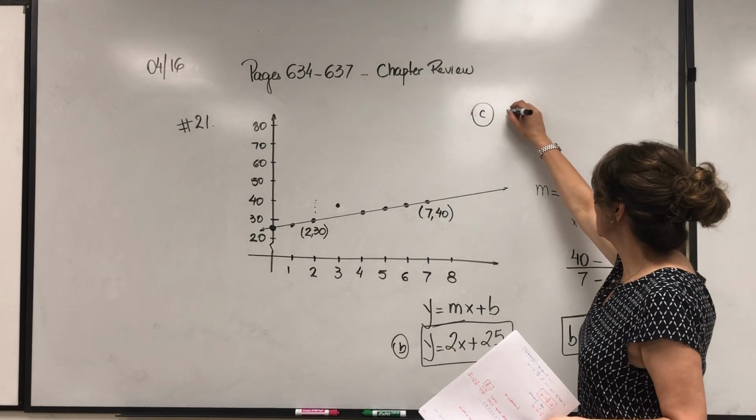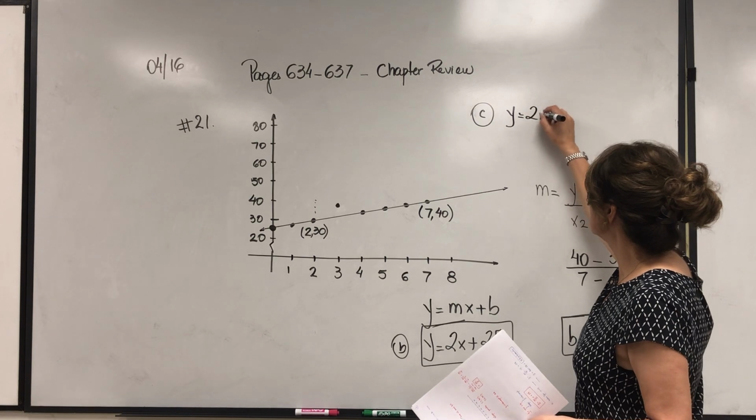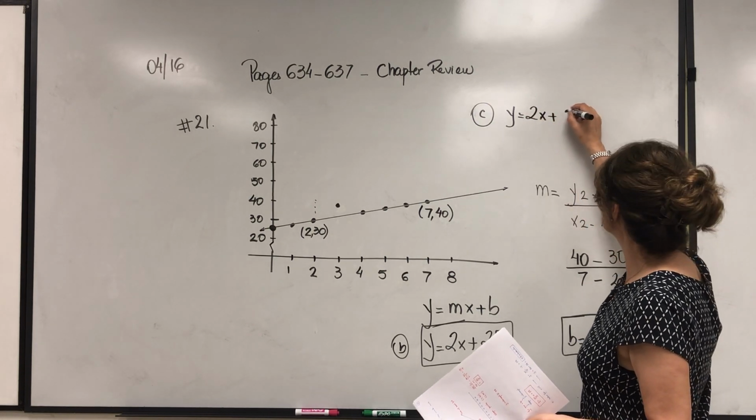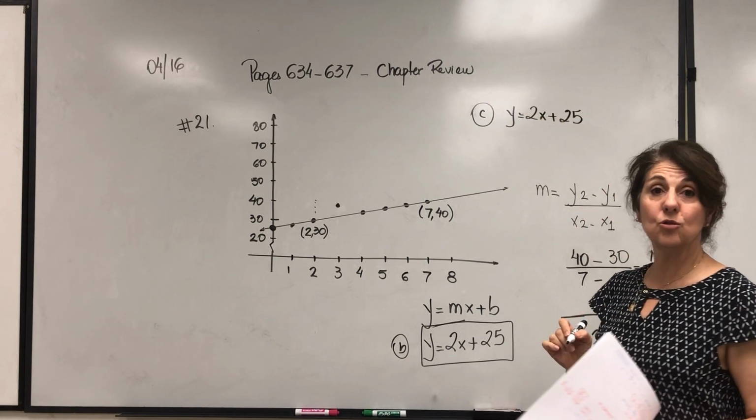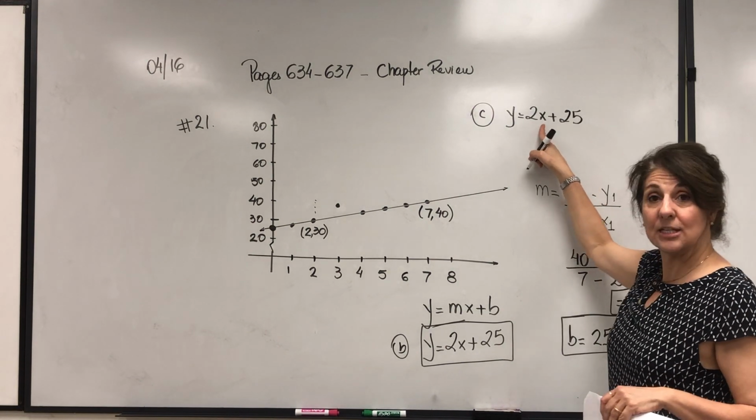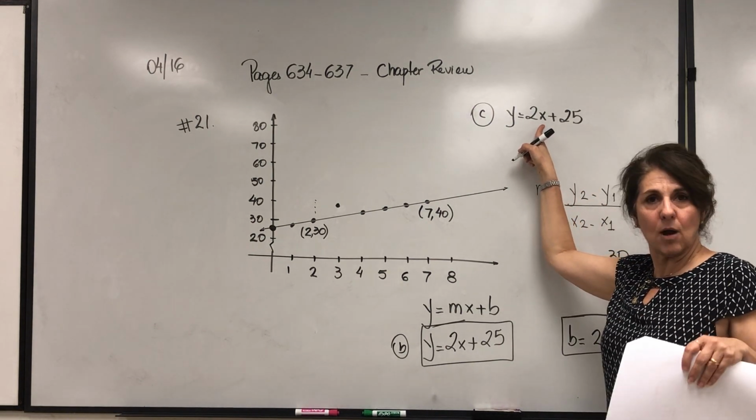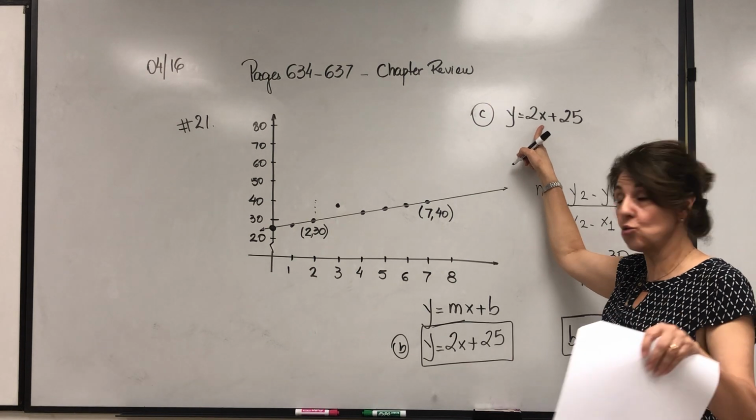So I use my equation, 2x plus 25, and I make the prediction using 12 because they want to know game 12.